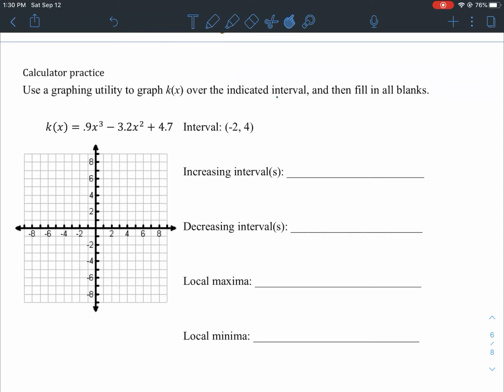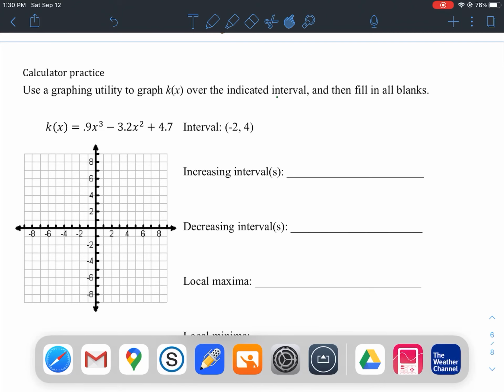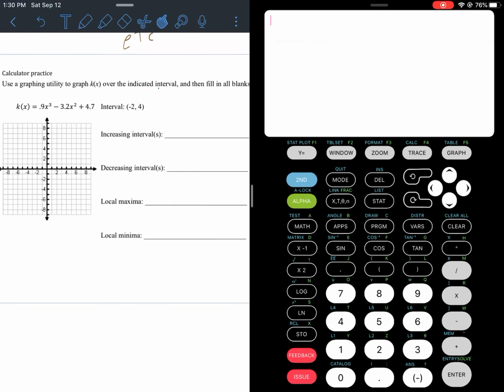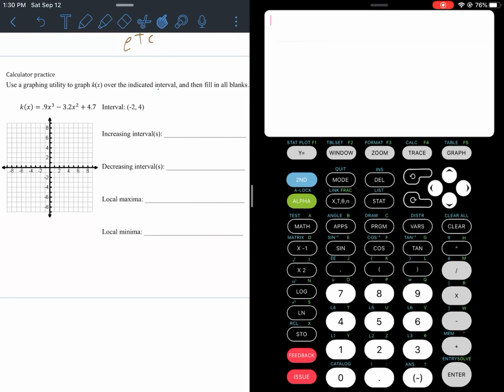All right, the last slide, you'll need a graphing calculator for. So if you want to pause the video and get a graphing calculator out. Once you have a calculator handy, let's go ahead and type that function into y1.